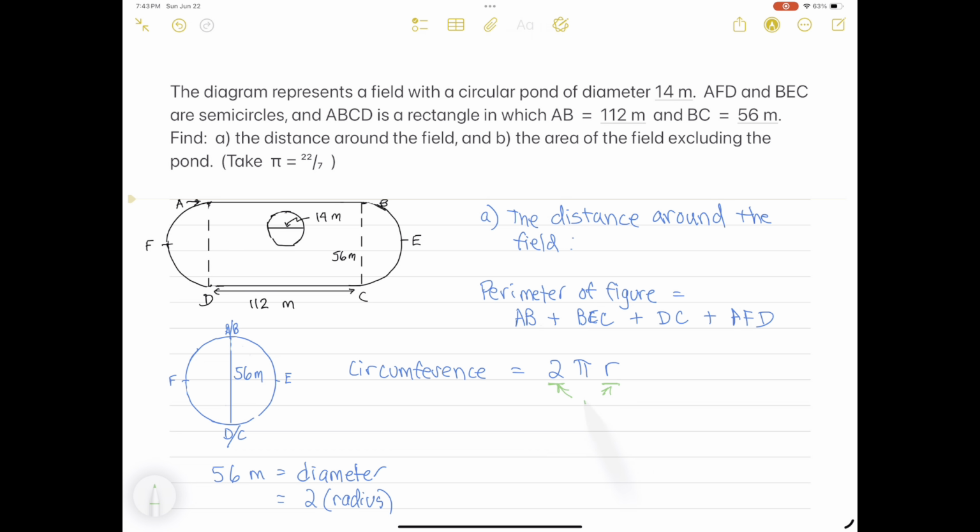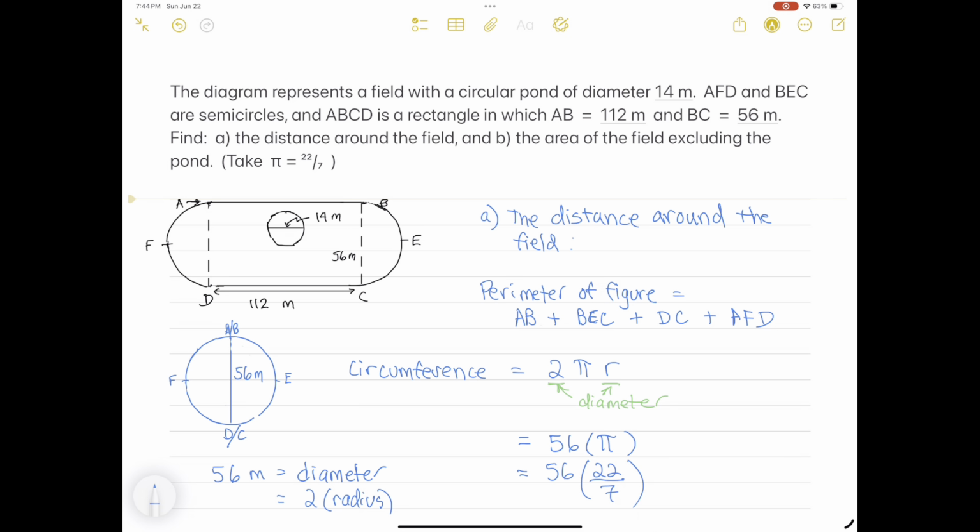Because multiplication adheres to the associative property, it doesn't matter which factors are multiplied first, 2 times pi or pi times r or 2 times r. In this case, we multiply 2 times r first and then multiply pi. So we have 56 times pi, which is 22 sevenths.